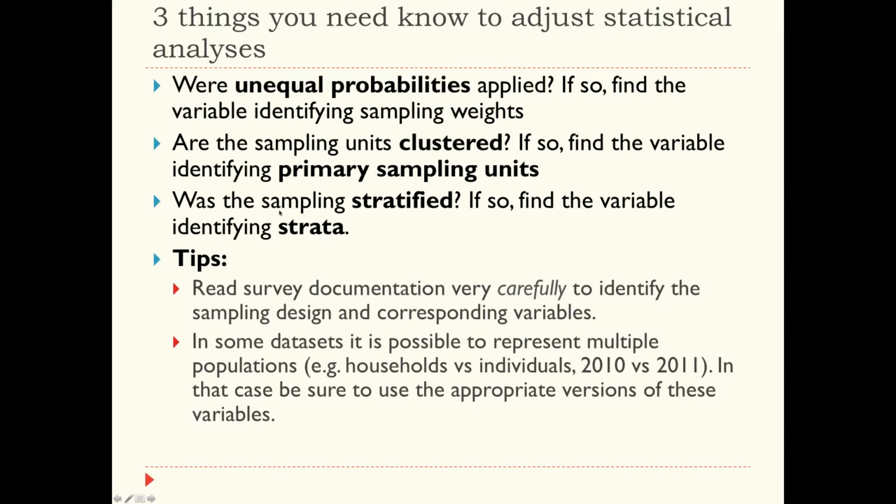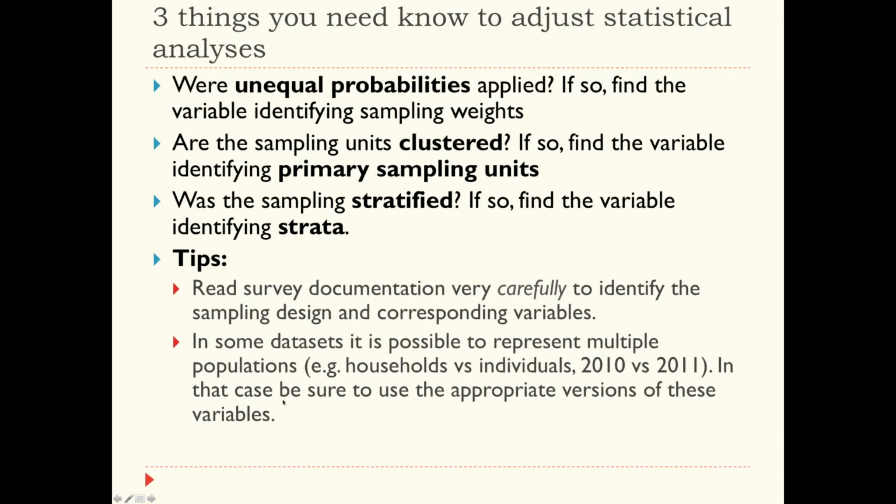I haven't found a way to systematically identify the strata, but apparently they have done some adjustments, at least in the post-sampling stratification. I'm not going to go into the details on that, but anyway, usually you can identify these 2 things sometimes, but not always this one. This is the least serious of the issues. So you always want to read your documentation very carefully.